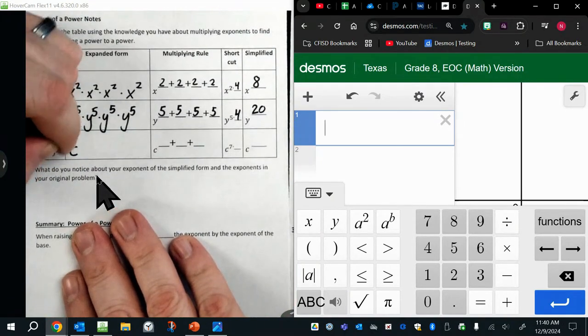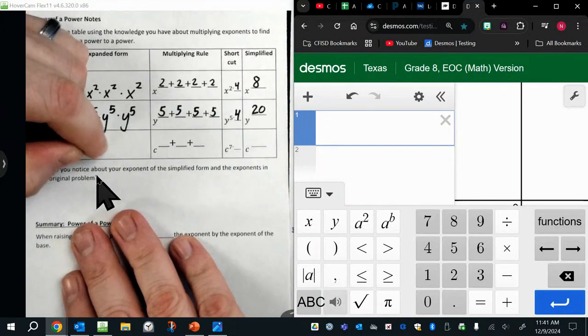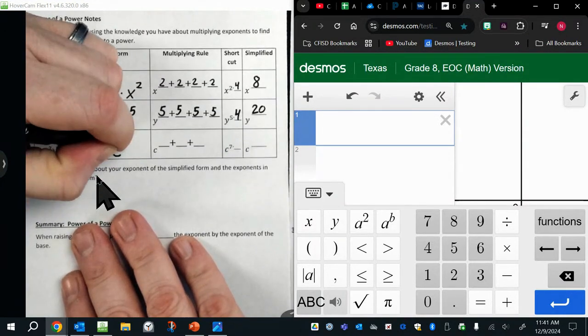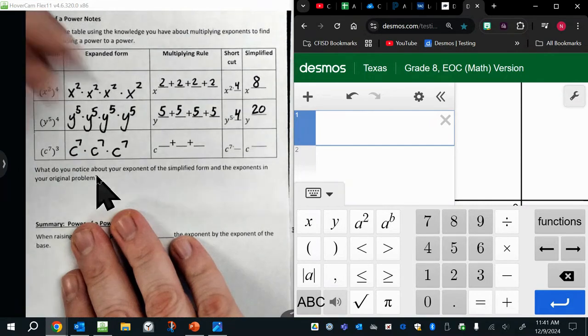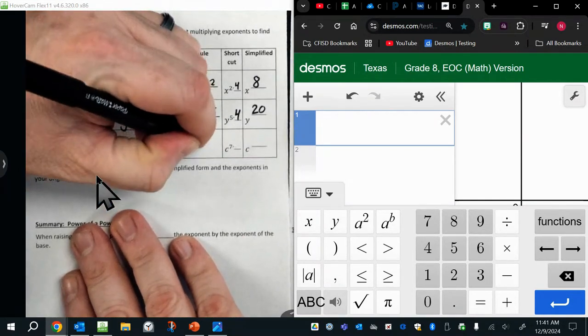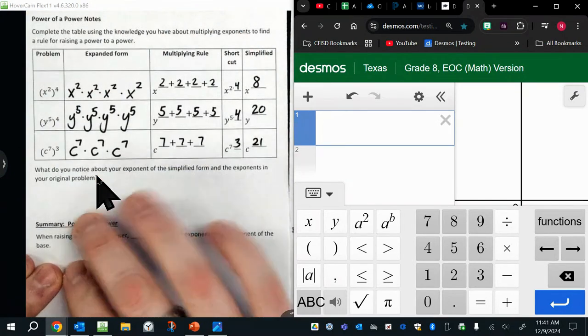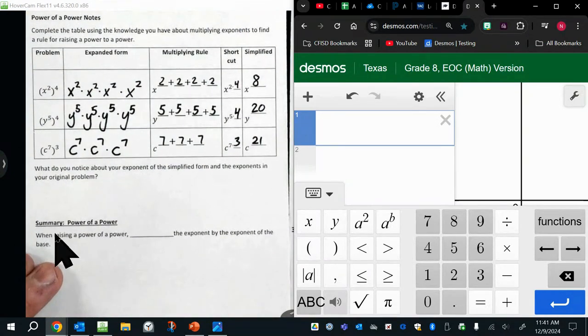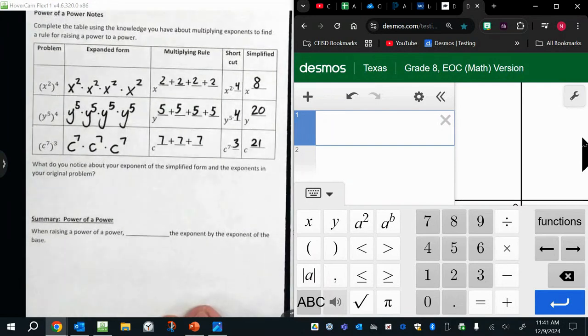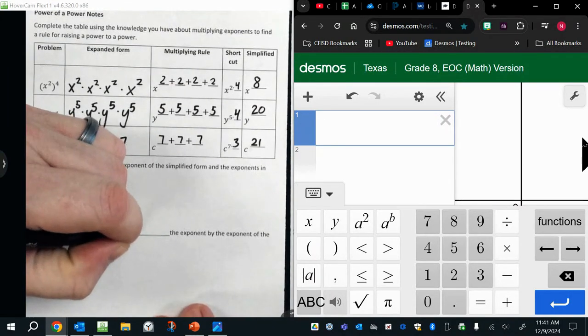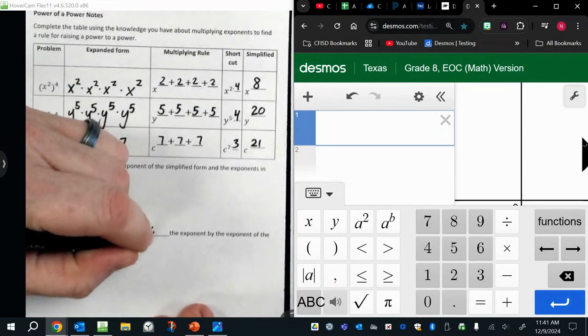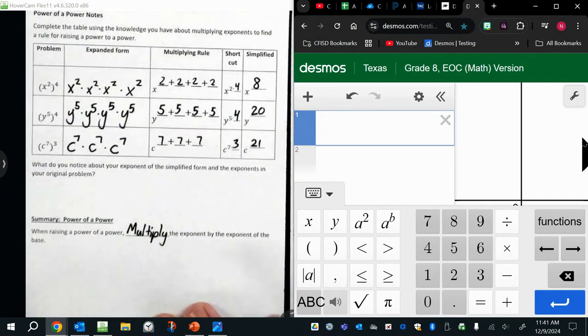We're going to take c to the 7th times c to the 7th times c to the 7th. 7, 7, 7, 3 times, total of 21. So what's happening here? Well, when we're raising a power to another power, all we're going to do is multiply the exponents.